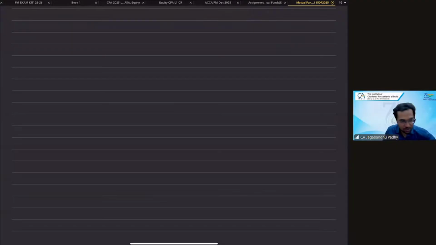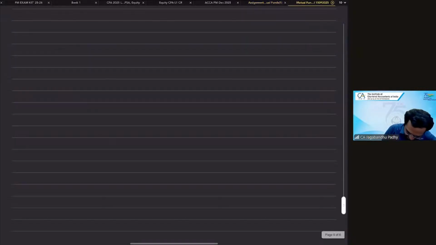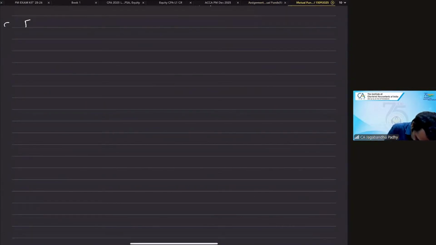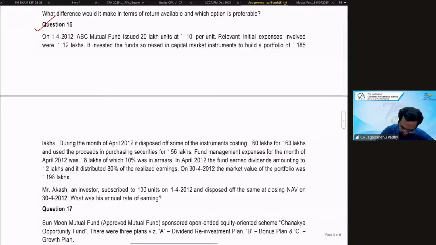You guys are using too much of your brain. This is question number 16. Funds raised is 20 lakhs into 10, which is 200 lakhs.